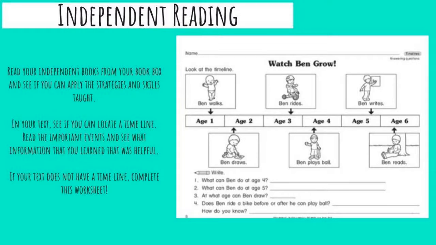If your book does not have a timeline, we can complete this worksheet together and test out if we understand a timeline and the information that's provided in it. I would like you to continue watching this video, and pause it so you can look at the timeline a little bit, and then we'll answer the questions together.